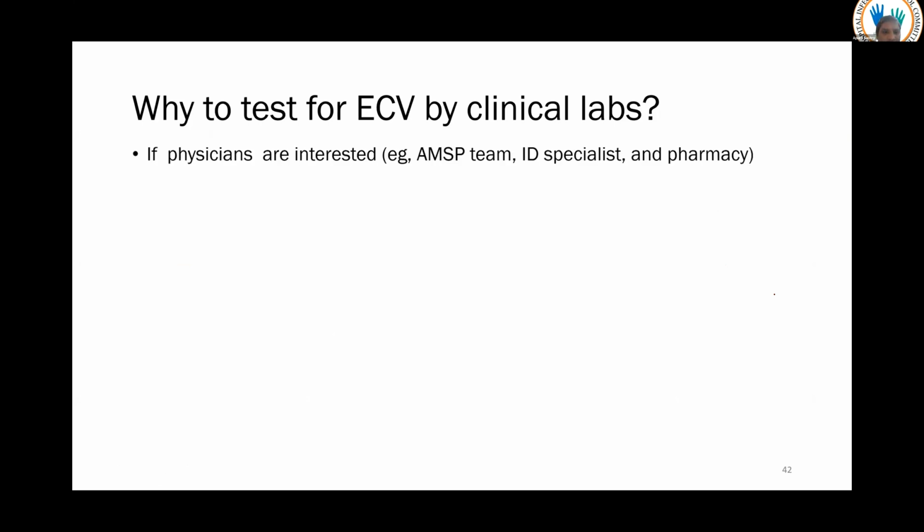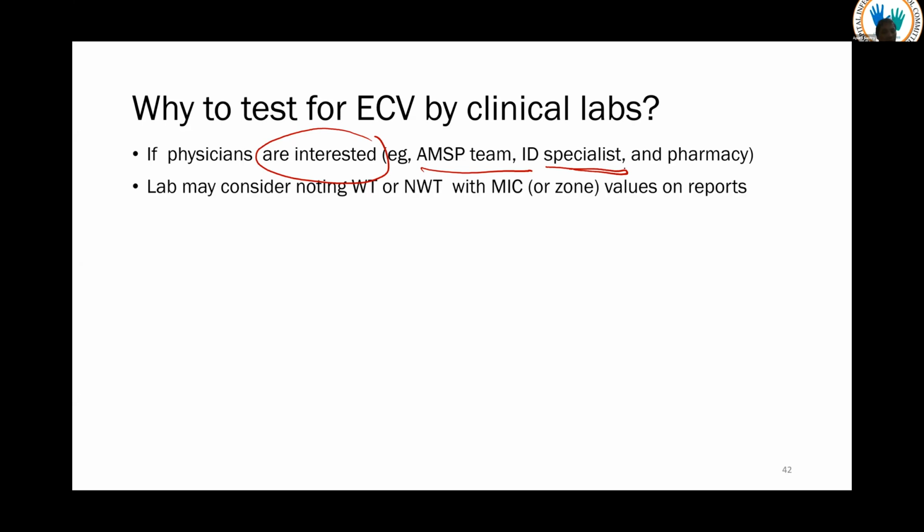Why do we have to test? The answer is, if physicians are interested to know about the ECOF breakpoint, especially the AMSP team and ID specialists, because nothing else is available, at least I will apply the ECOF breakpoint and see the result. It is a wild type strain or a non-wild type strain.